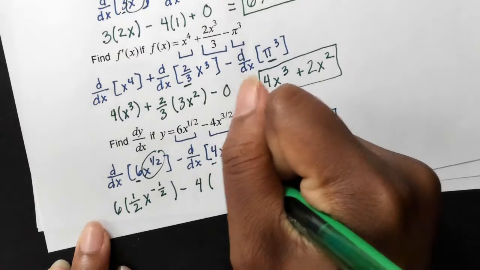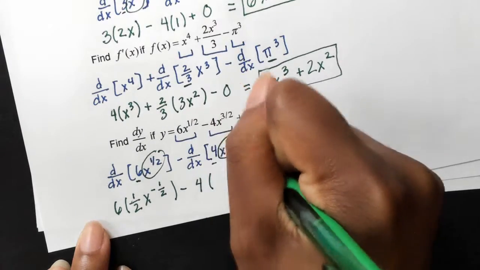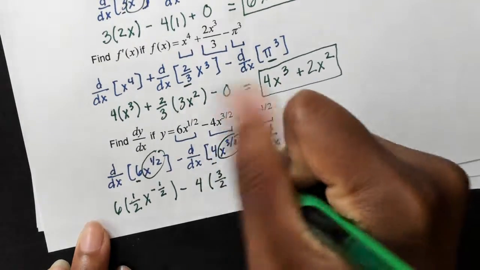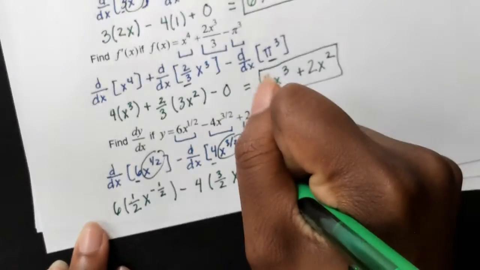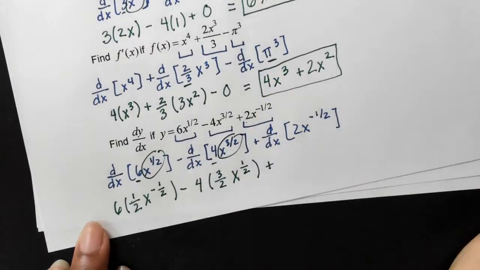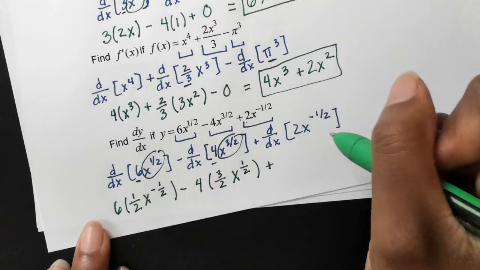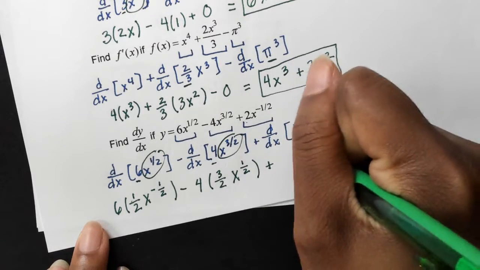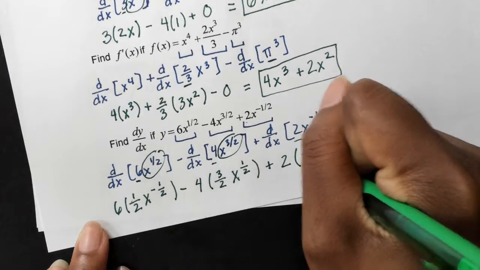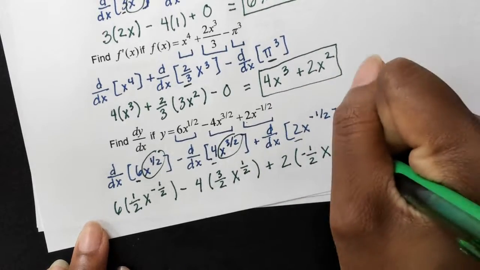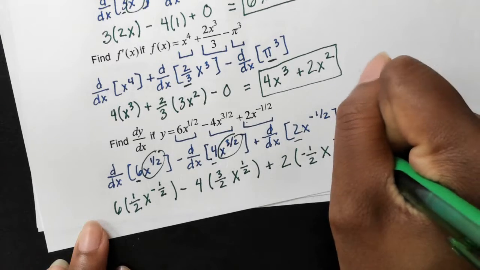And then the derivative of x to the 3/2, we know we'll have 3/2, then x to the 1/2. And then we'll add the derivative of 2x to the negative 1/2. So we have a constant 2, and then we have negative 1/2 x to the negative 3/2.